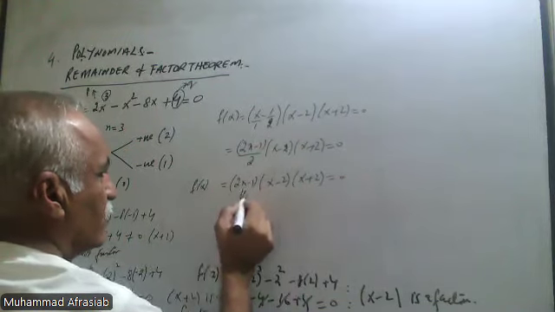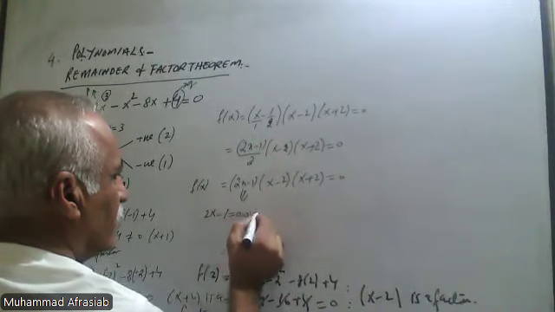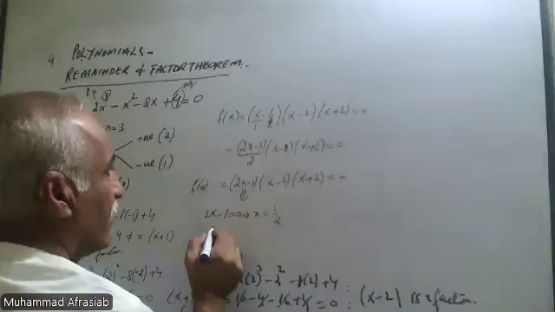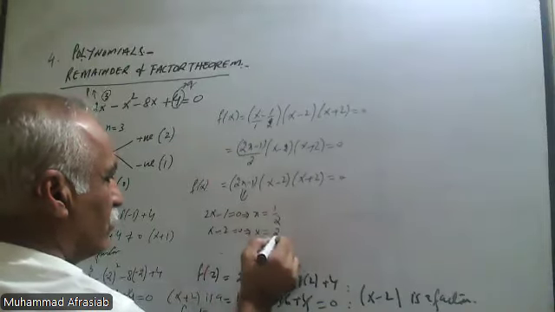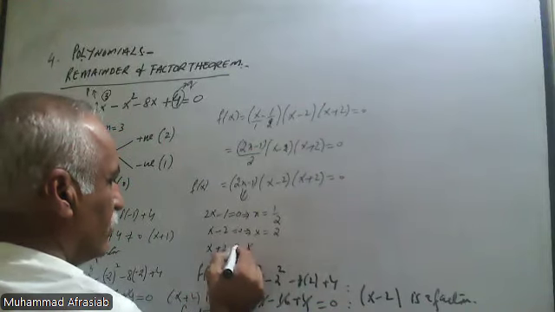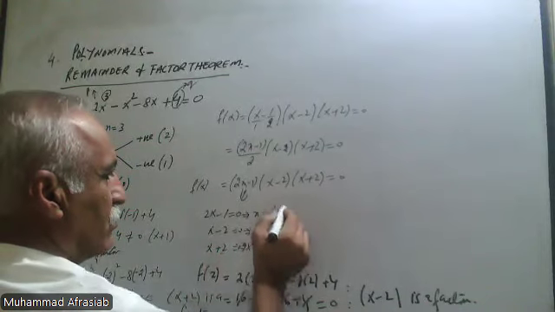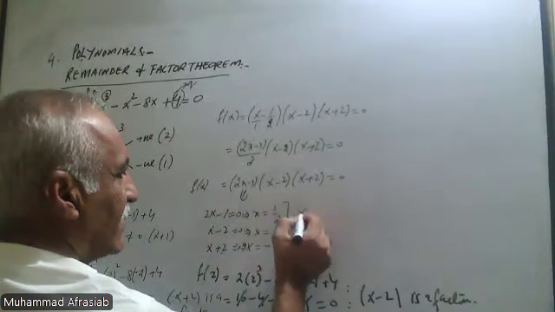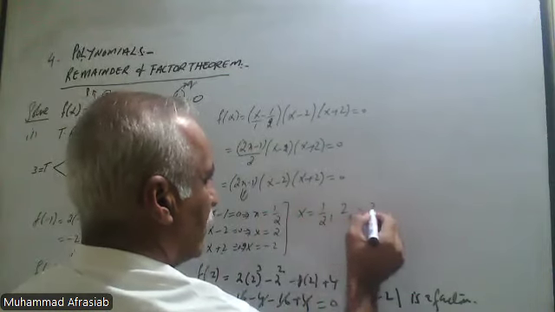So if this is equal to 0, then x value will be equal to half. If x minus 2 is equal to 0, then x value will be equal to 2. If this is equal to 0, then x value is equal to minus 2. So you have seen it there that x values are equal to half, 2 and minus 2.